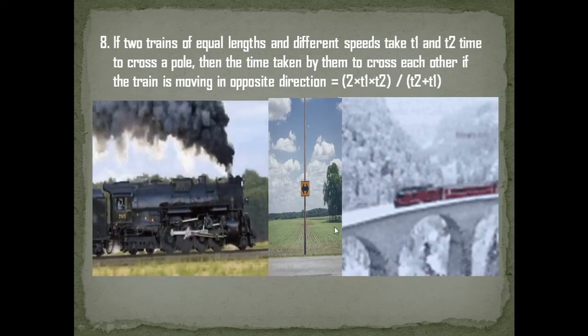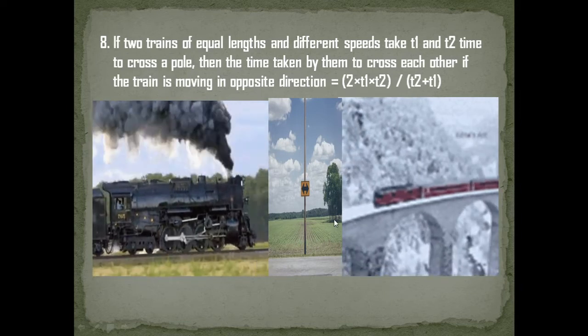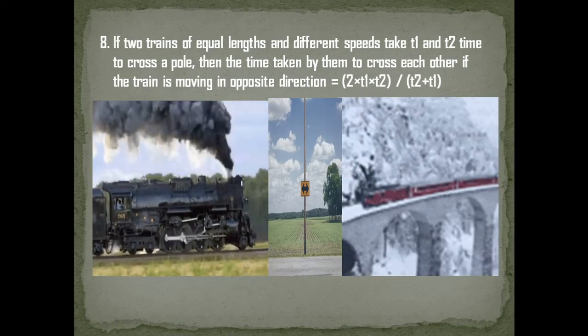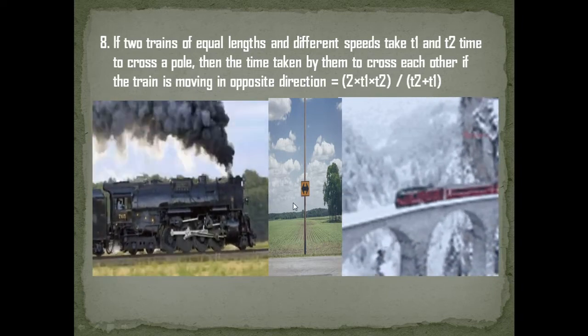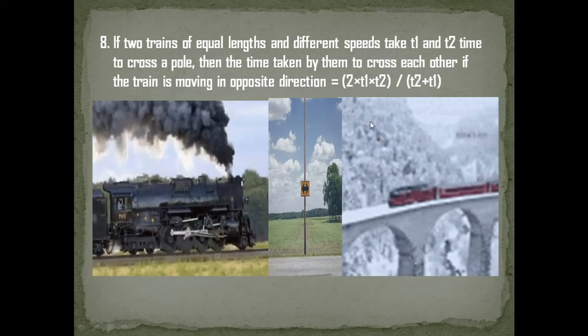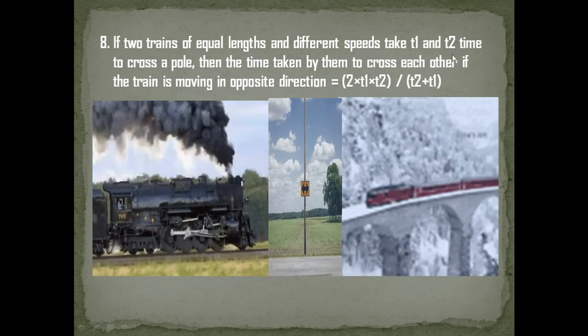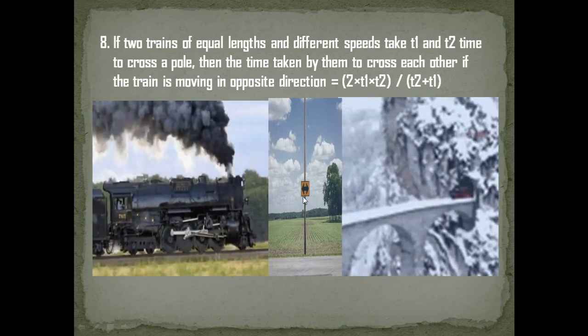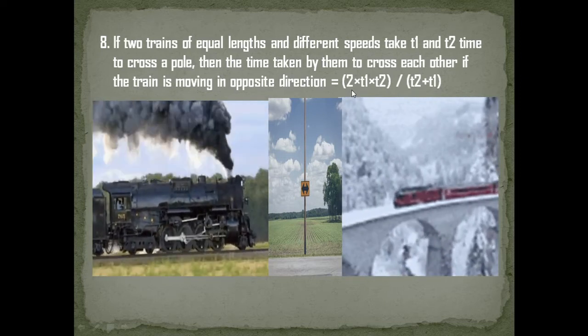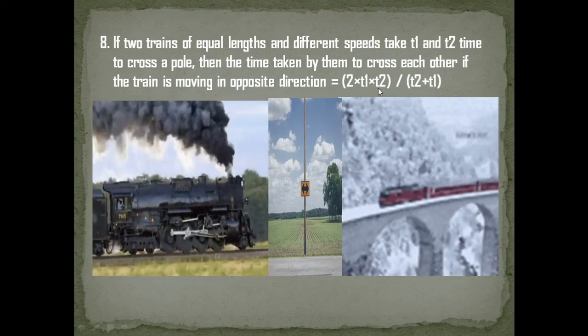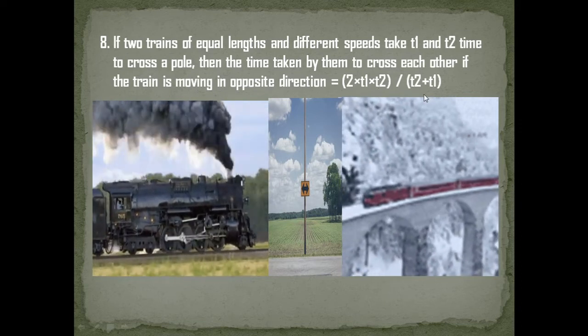Okay, so it sounds related to the previous one, but here they have given the information with respect to the pole. There is a pole and this train takes some time, T1, to cross the pole, and this train takes a time T2 to cross this pole. If that is the case, then at what time will they cross each other? That can be given as 2 into T1 into T2 by the relative time.